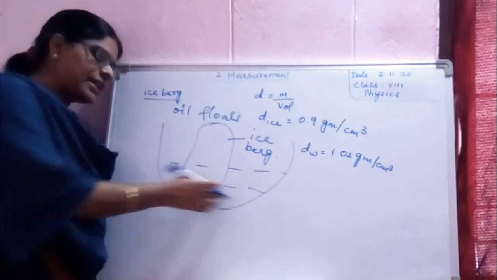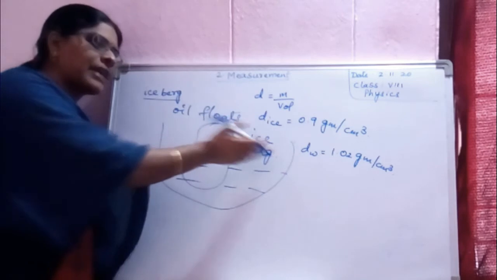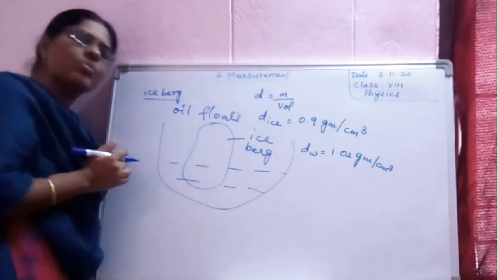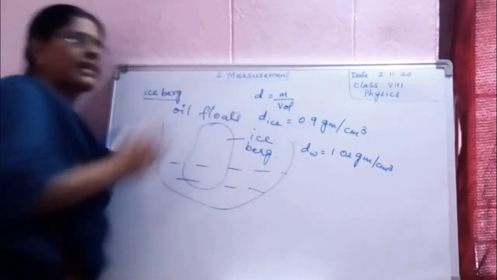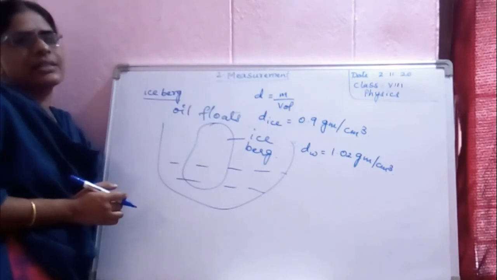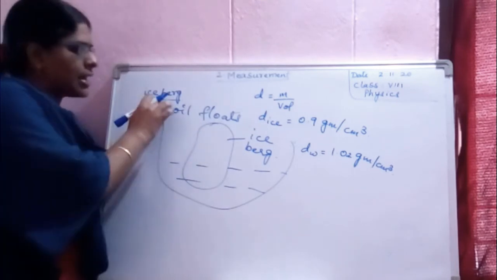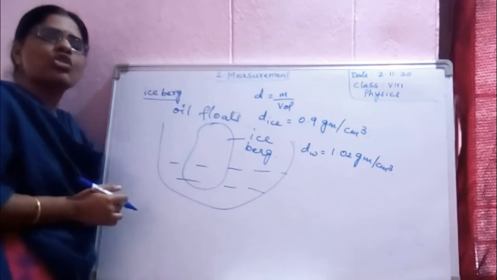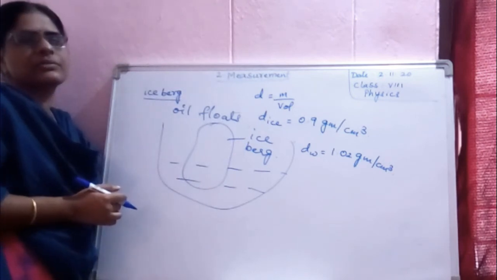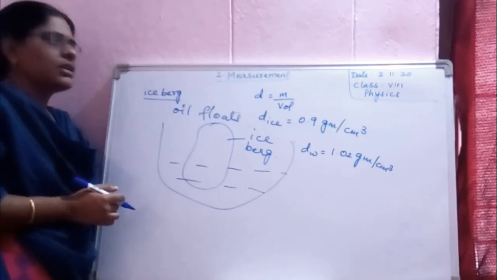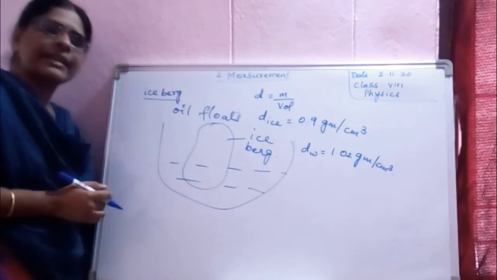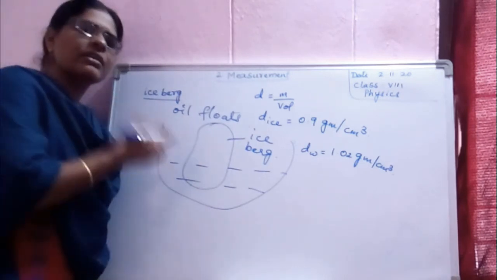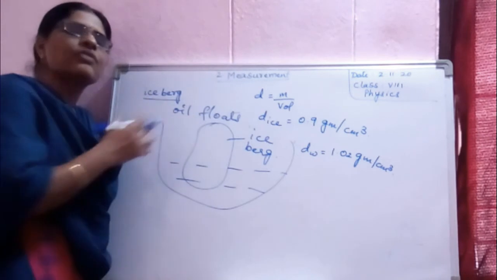Here your water density is more than the density of your ice. Hence, your iceberg will float on water. Okay? These are certain examples regarding density and flotation.